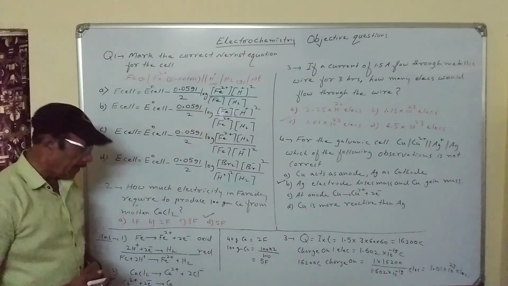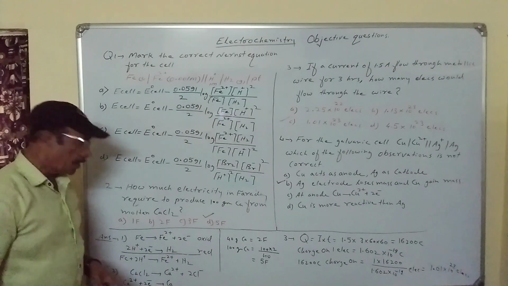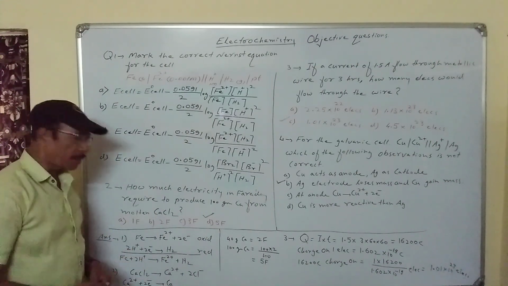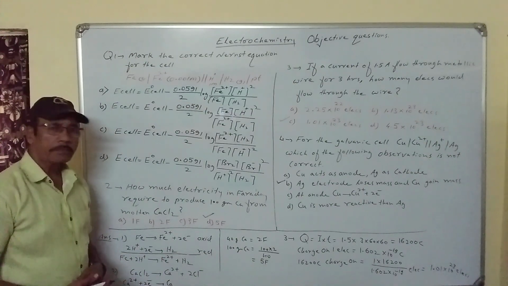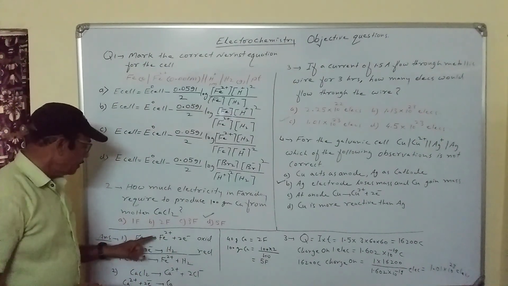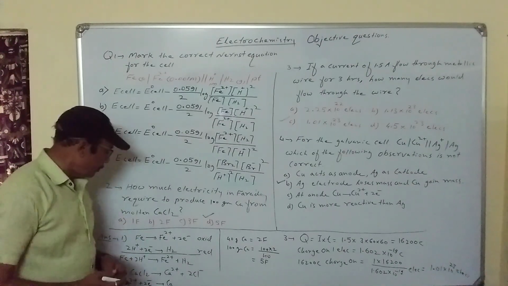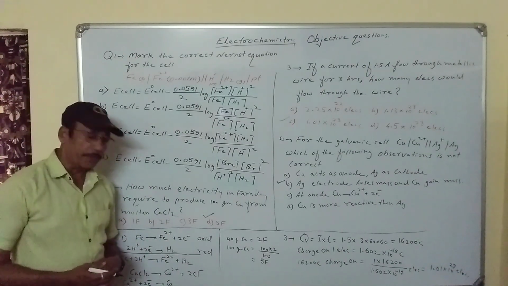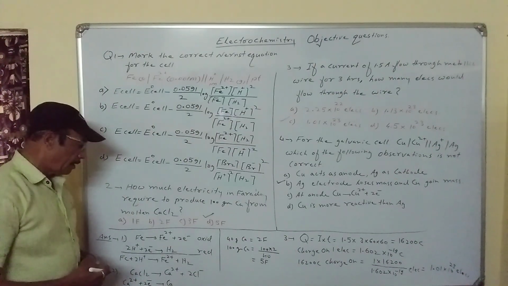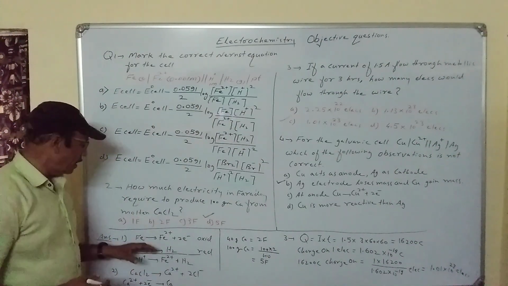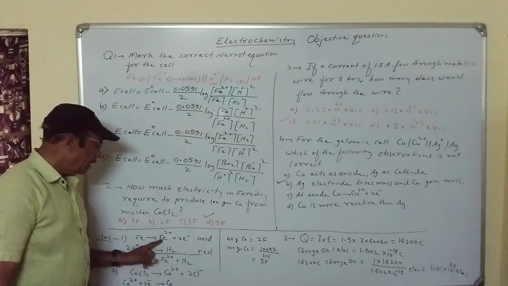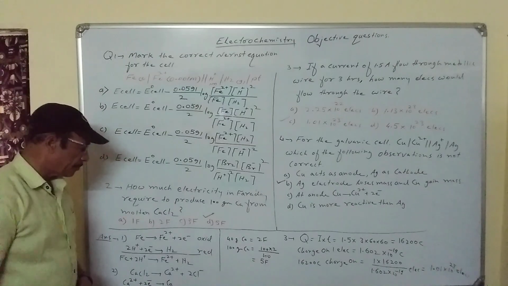Hydrogen ions gain electrons, so at the hydrogen electrode: 2H+ plus 2 electrons gives H2. The electrons released by iron are used by the hydrogen ions. The overall reaction is Fe plus 2H+ gives Fe2+ plus H2.